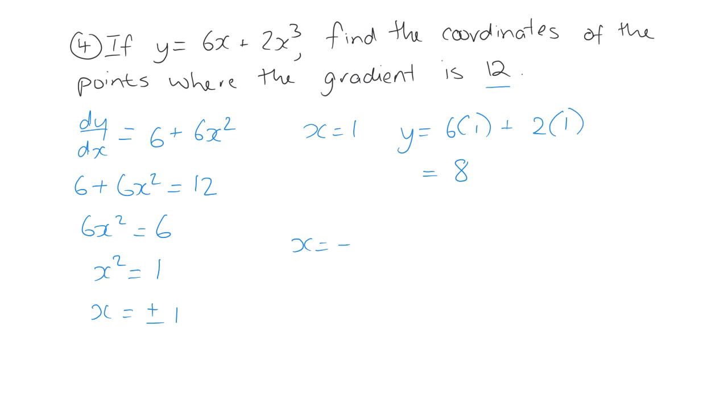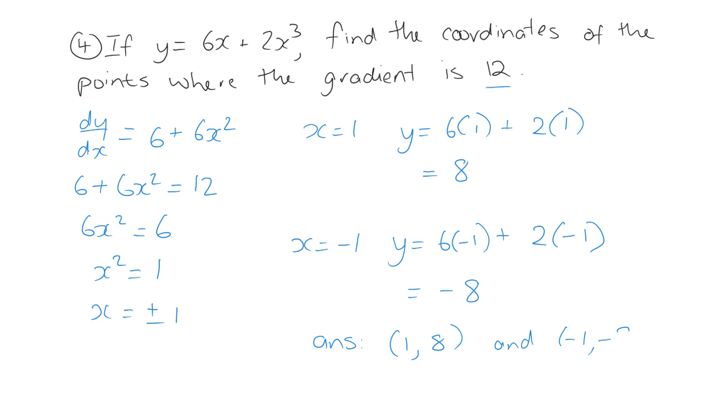And when x is minus 1, y is going to be 6 by minus 1 plus 2 times minus 1 cubed, which gives us minus 1. So that's minus 8. So our answers then are 1, 8 and minus 1, minus 8.